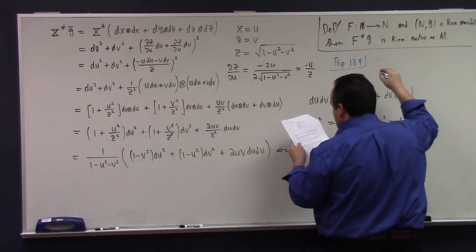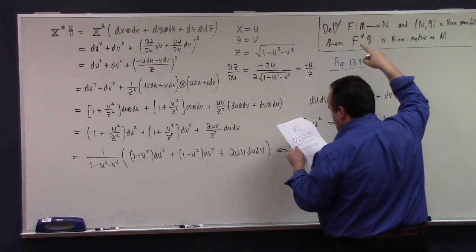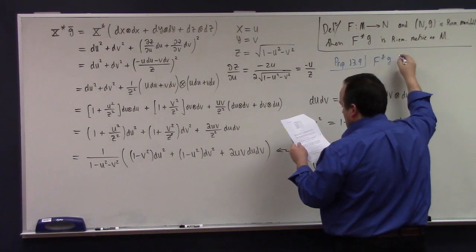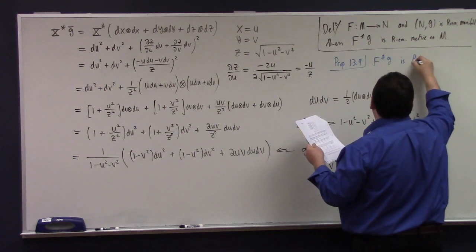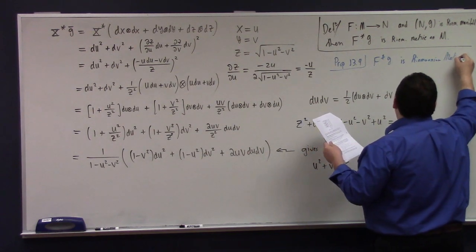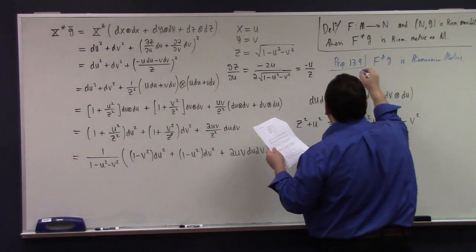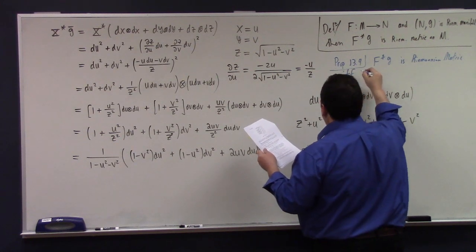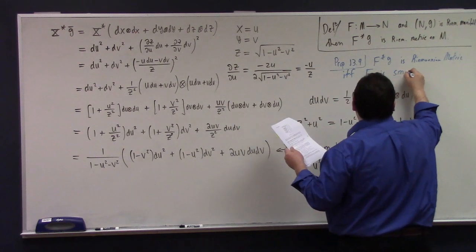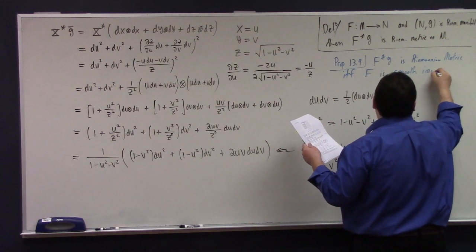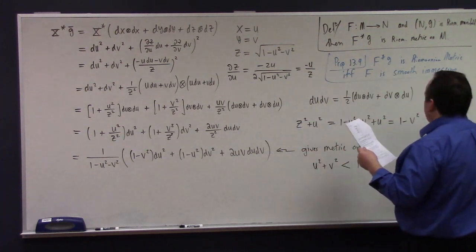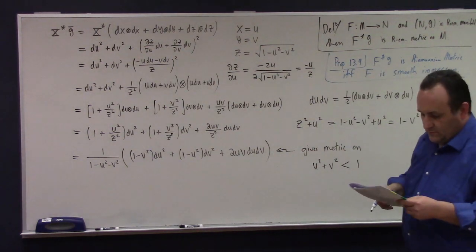It says that if you've got a smooth map F and G is a Riemannian metric on N, then F star G is a Riemannian metric if and only if F is a smooth immersion.